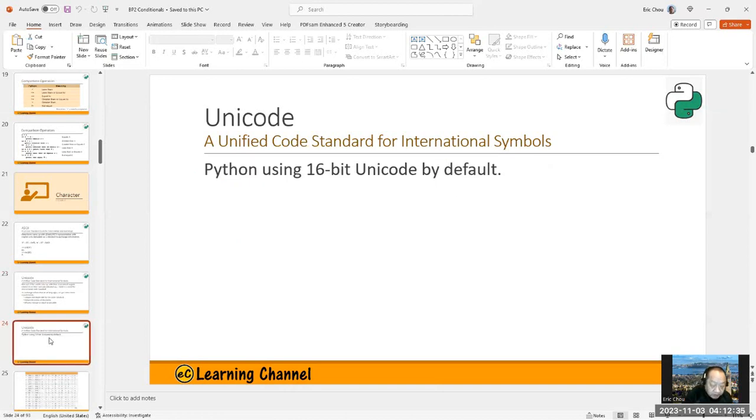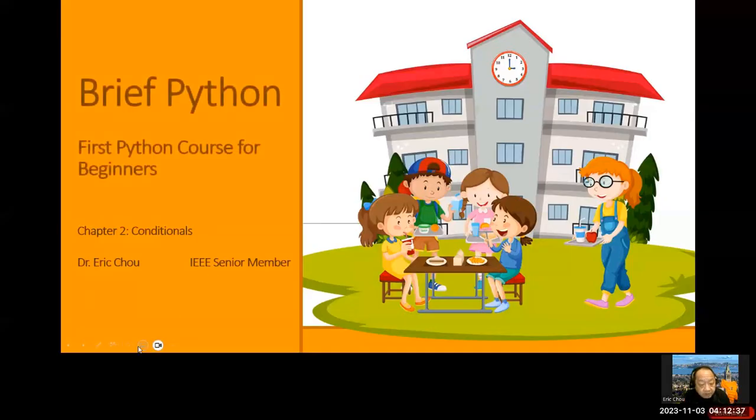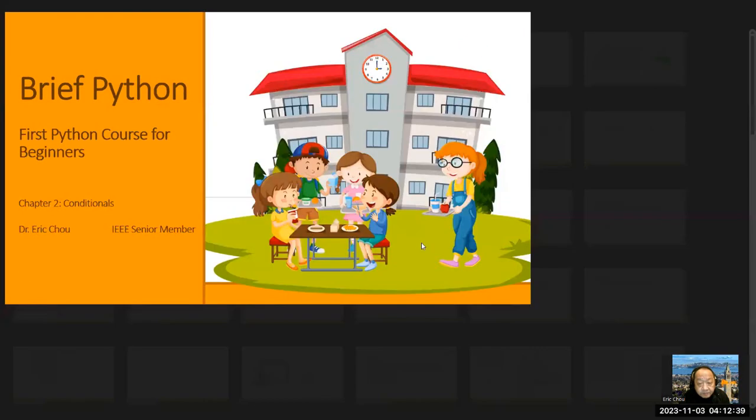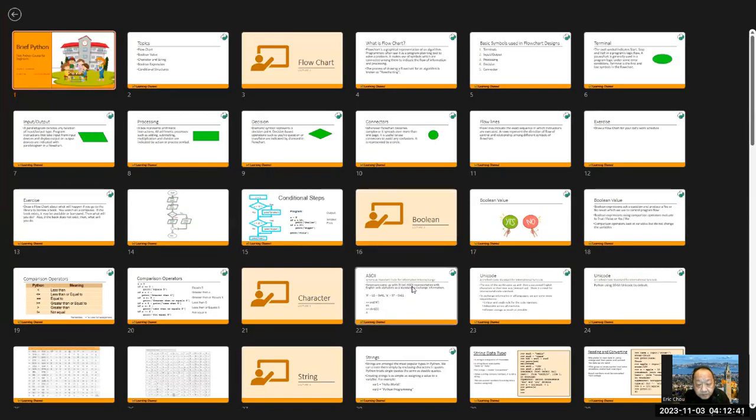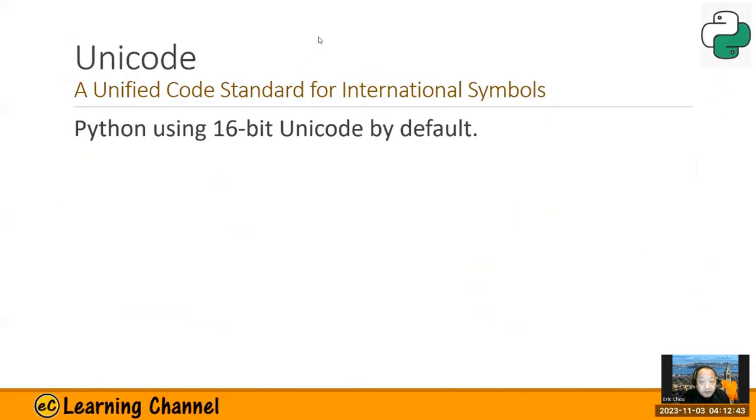So Python uses 16-bit Unicode. We call it UTF-16, okay?